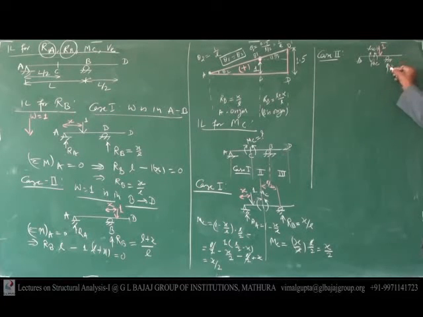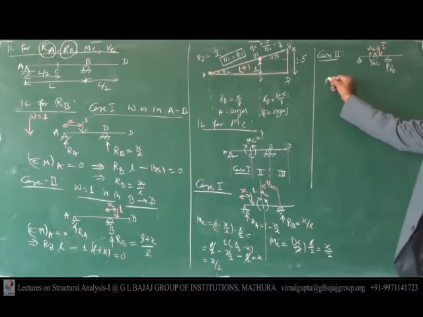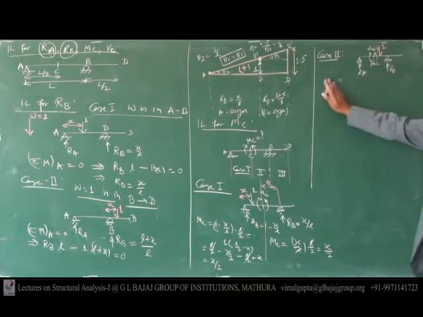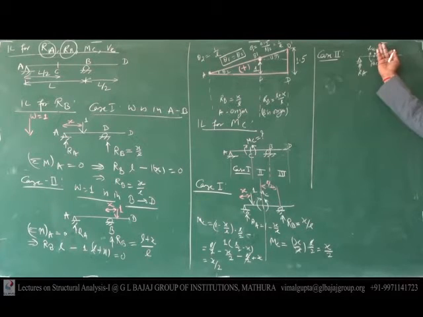So this reaction RB, what will be the reaction of RB? So what will be the value of MC? If this value is RB, then what will be the value of MC? It will be better to take it from this side. It will be RA into L by 2.